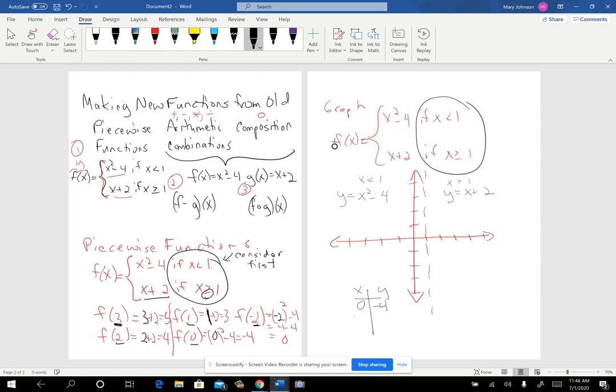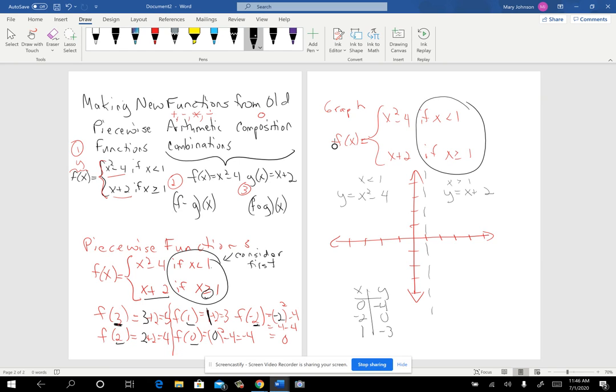And when x was -2, we worked that out and found your y would be 0. I also like to know what happens at 1, even though I'm not allowed to use that rule, because I have to show my graph going all the way to that boundary. So I need to know where it would have hit that boundary. When I put in a 1, I would get 1 squared minus 4, and that would be -3.